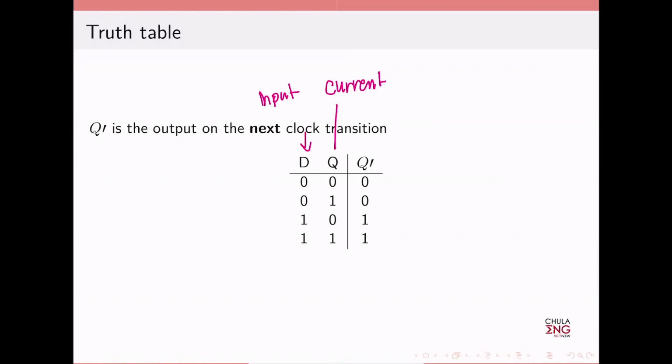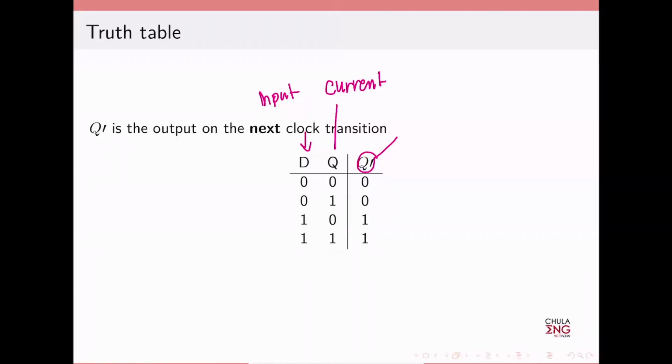The next Q is going to change whenever the next clock transition comes. This truth table only applies when there's a clock transition, okay? Then there's Q bar, Q prime.